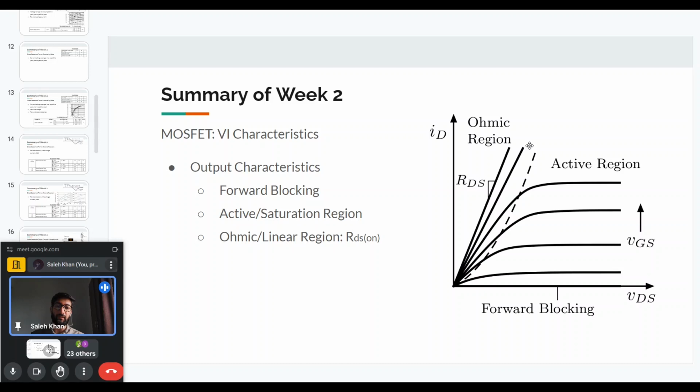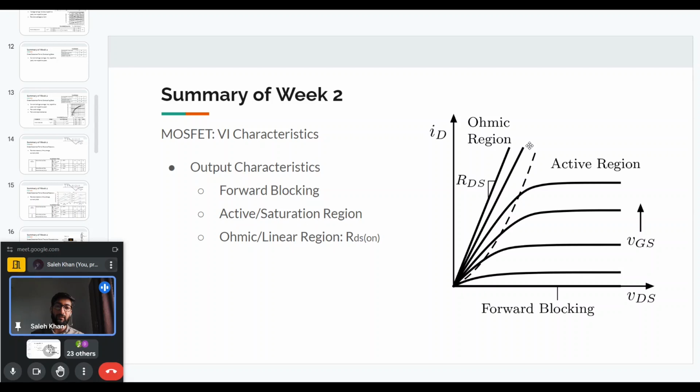So first, we can see the VI characteristics of the MOSFET. We can see what is called the output characteristics. This is related to the drain source voltage and the drain current. If the gate source voltage provided is less than the threshold voltage, then we are in what is called the forward blocking mode.